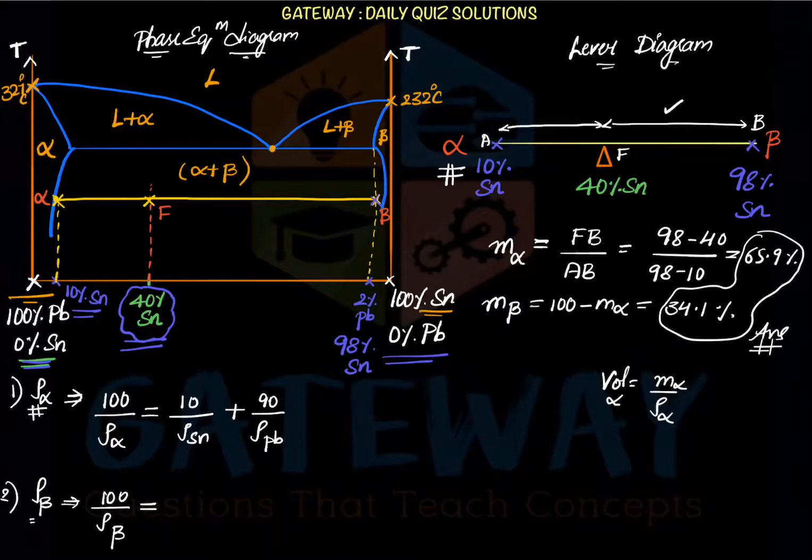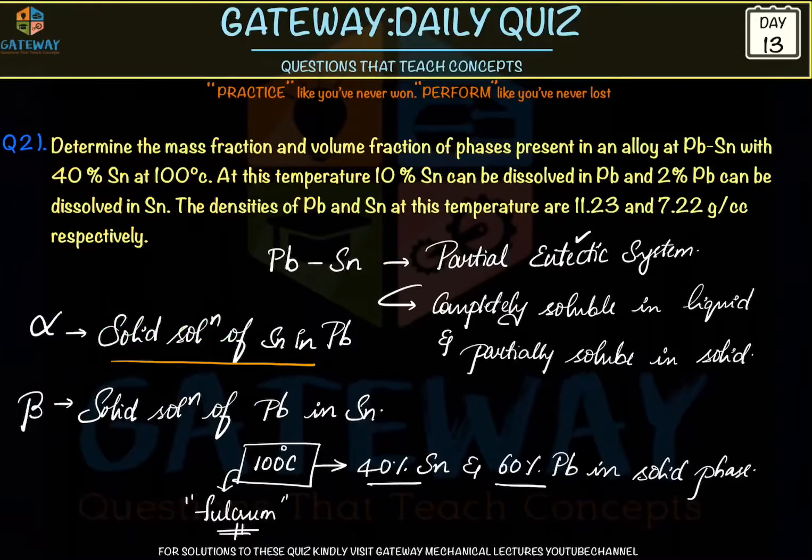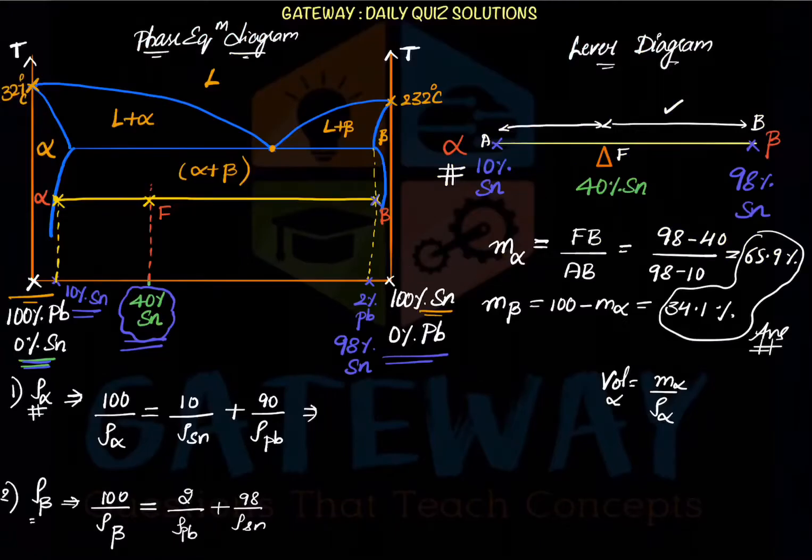So here 100 upon rho beta is equal to, since here we are having 2% of Pb, 2 by rho of Pb plus 98 upon rho of Sn. And in the question, rho of Pb and rho of Sn were given as 11.23 and 7.22. We will substitute them here, and from here we will be getting the value of rho alpha and then the value of rho beta.